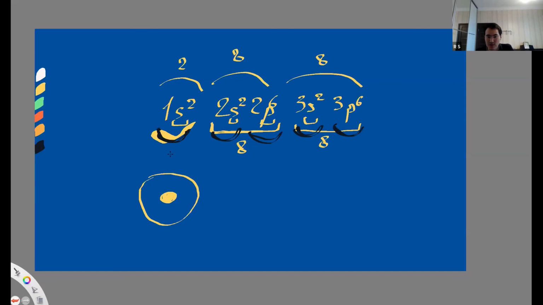For example, this is the first energy level, and it requires the least energy, so it is filled first. The second has the second energy to be on it.